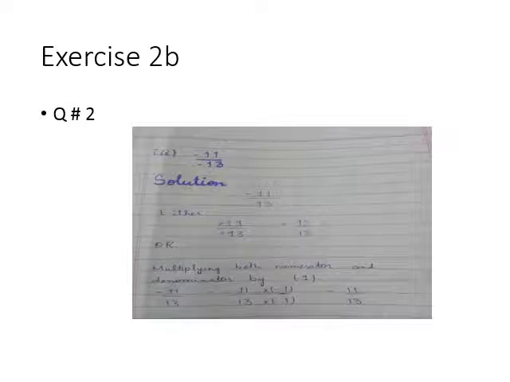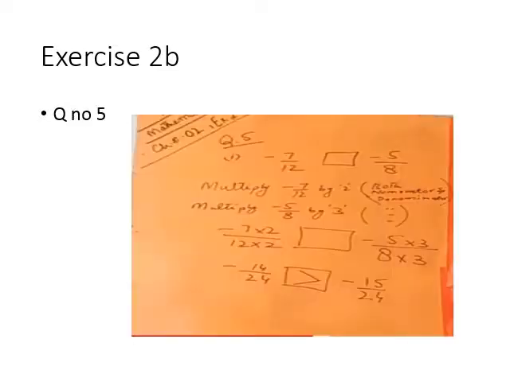We see here that both numerator and denominator have a negative sign, so we will cut both negative signs and we will get 11 by 13. The second method is we will multiply both numerator and denominator by minus 1 and we will get 11 by 13. Next question is question number 5.